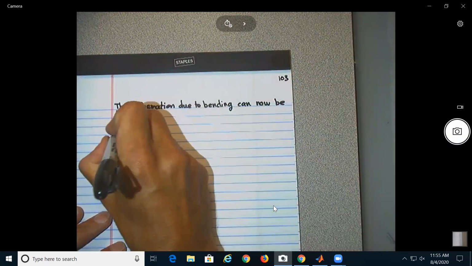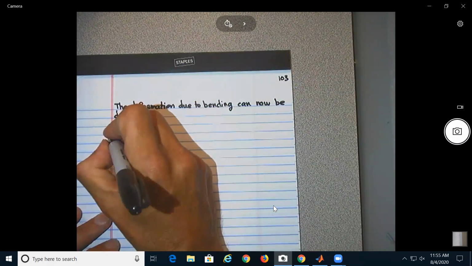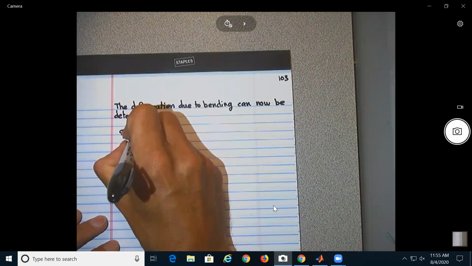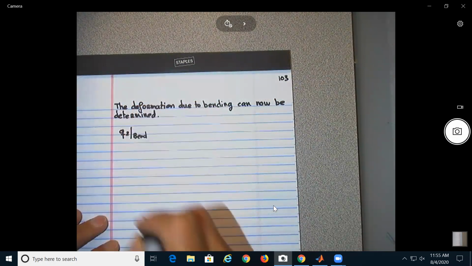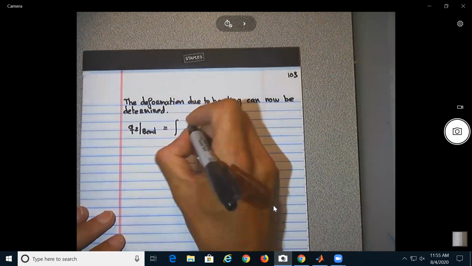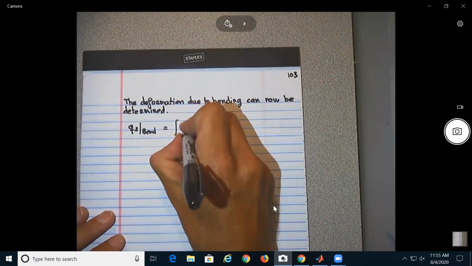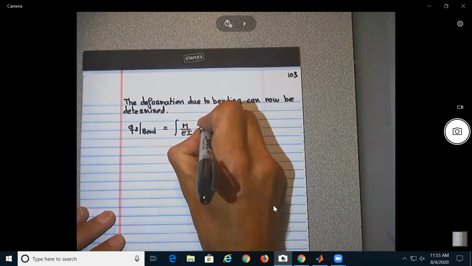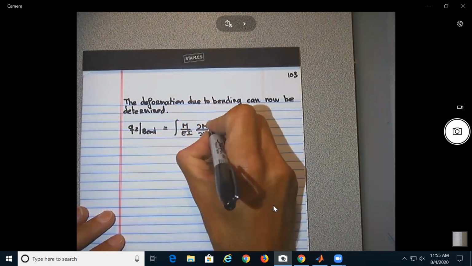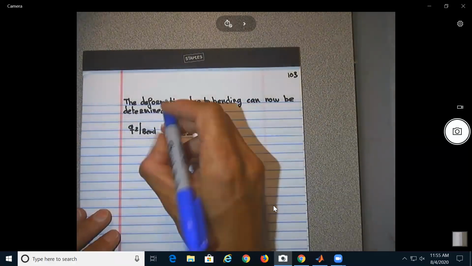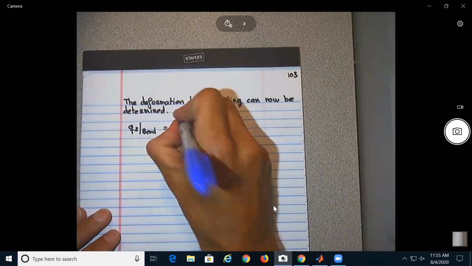Okay, so let's say this will be Q2 bending, I call it this way, is equal to the integral of M over EI partial M partial V dz, and this is along the whole length of the beam.